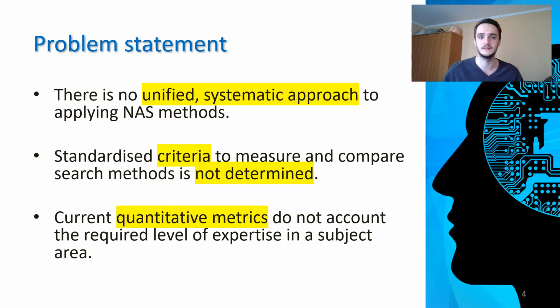Despite the simplicity and practicality of quantitative indicators, they do have some significant disadvantages. So, to address these issues, we propose a solution that promotes exploring, comparing, and evaluating search methods both quantitatively and qualitatively. Our approach is dedicated to identifying the strengths and weaknesses of NAS and suggesting possible improvements to them.